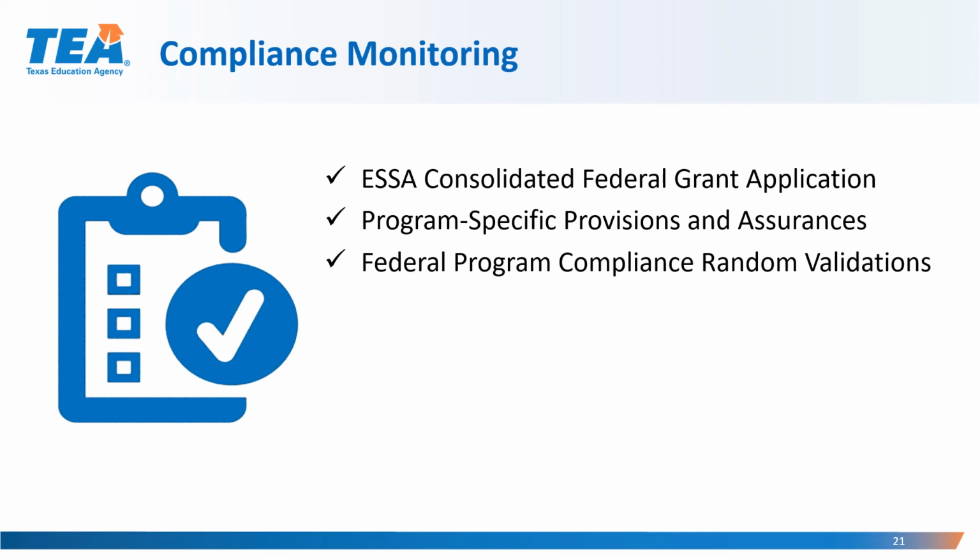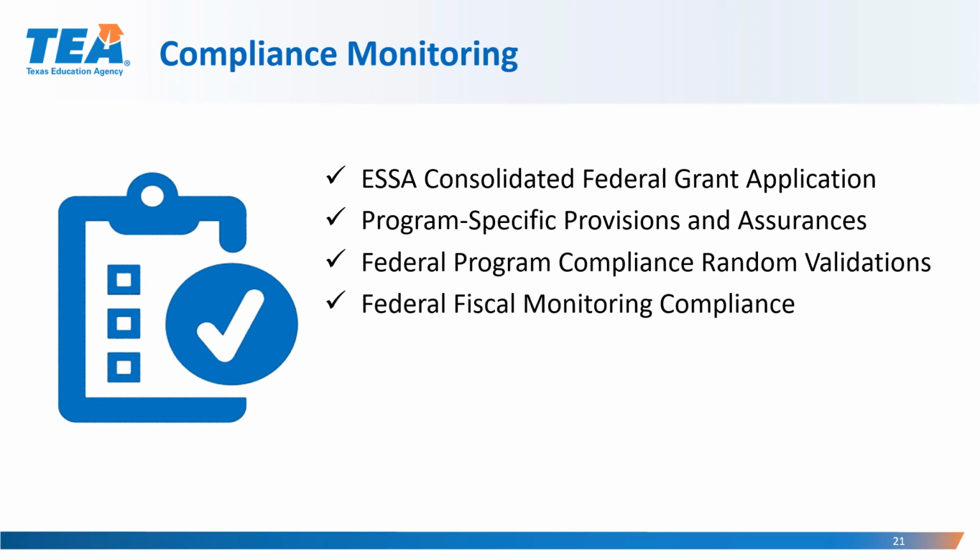To monitor the federal compliance of each eligible entity receiving ESSA funds, TEA conducts an annual validation process for LEAs. The annual validation process for LEAs addresses the statutory requirements based on program implementation and effectiveness for the current grant year.